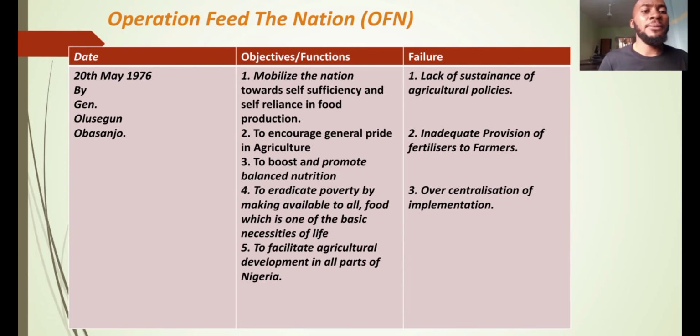I'll give you an example. During Jonathan's administration, there was this thing called Shopee. Shopee was established to help the unemployed and the youth. President Buhari took power, and I don't think Shopee is still in existence.